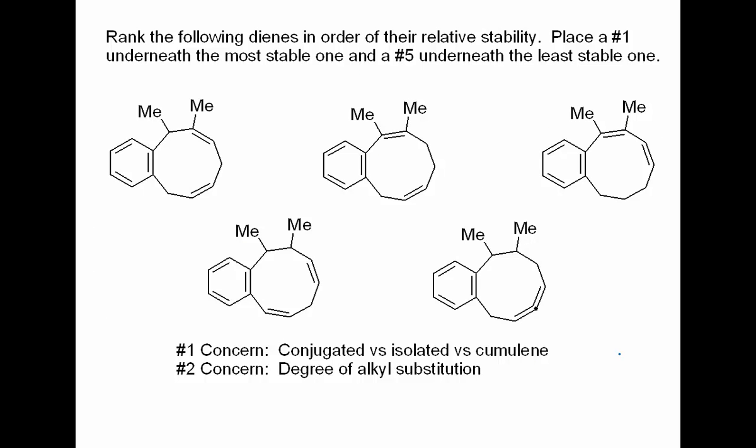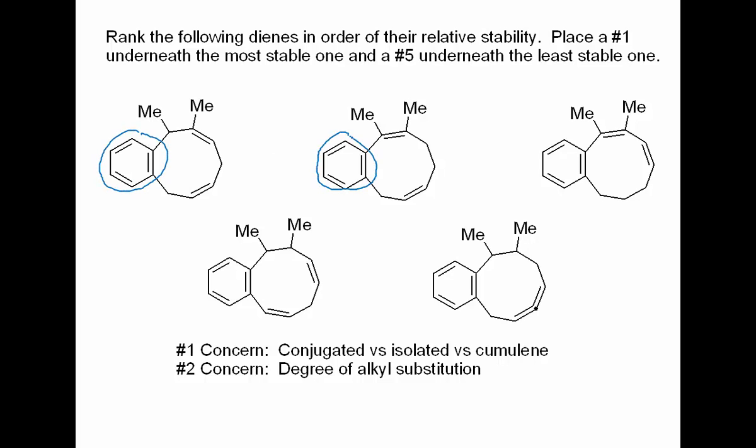Okay, let's do a problem here. Let's rank the following dienes in order of their relative stability. Place a number 1 underneath the most stable one and a number 5 underneath the least stable one. Number 1 concern is conjugated versus isolated versus cumulene. Number 2 is the degree of alkyl substitution. Notice that this benzene ring is common to every one of these.